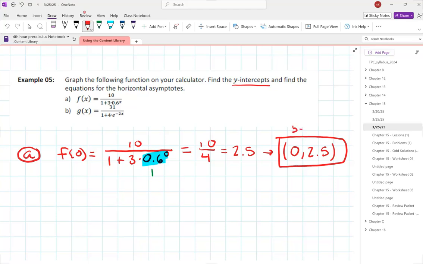So there's my y-intercept, (0, 2.5). Feel good there? My horizontal asymptotes: 1 is easy because it's the same for every logistic function. y equals 0.